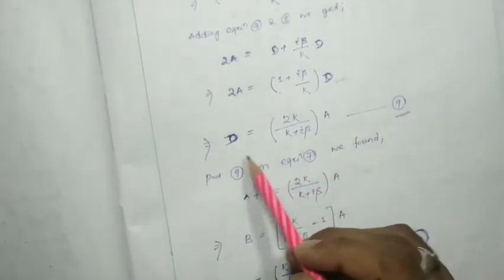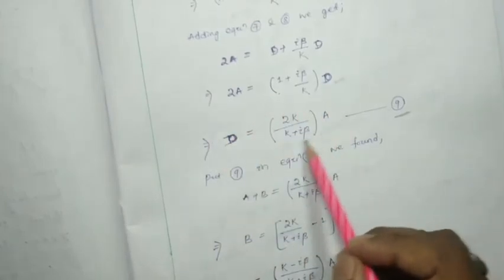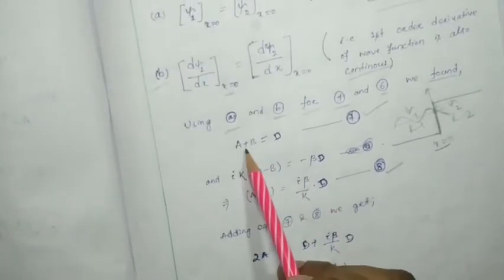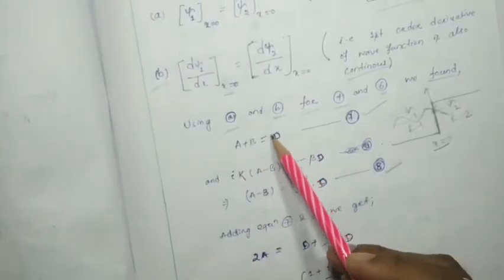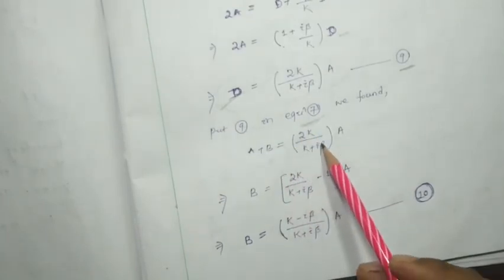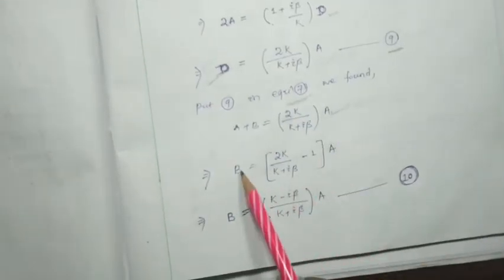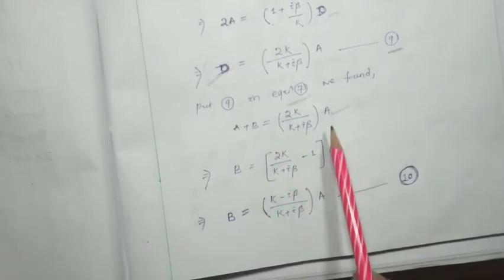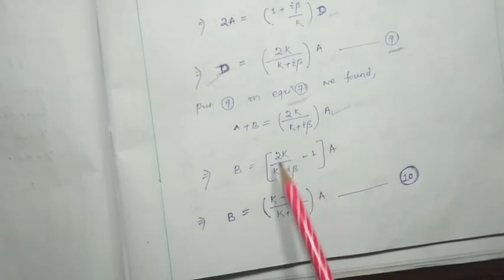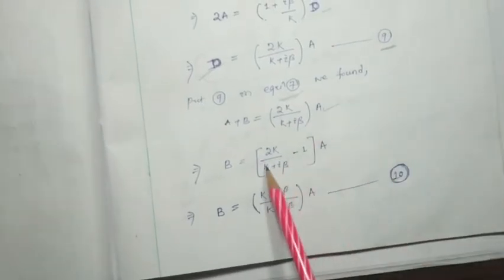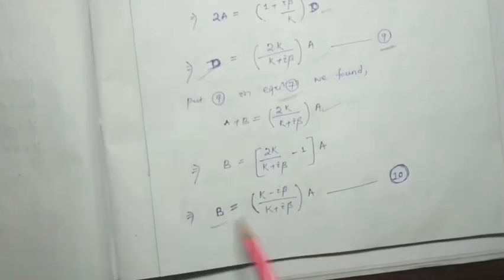Now put this value in equation number 7. What is equation number 7? a plus b equal to d. Putting the d value here, a plus b equal to 2k by (k plus i beta) into a. So b will be, with a moved to this side with a minus sign and a common, 2k by (k plus i beta) minus 1, into a. So b equal to (k minus i beta) by (k plus i beta) into a.